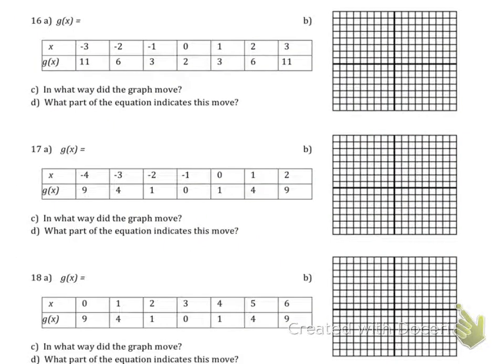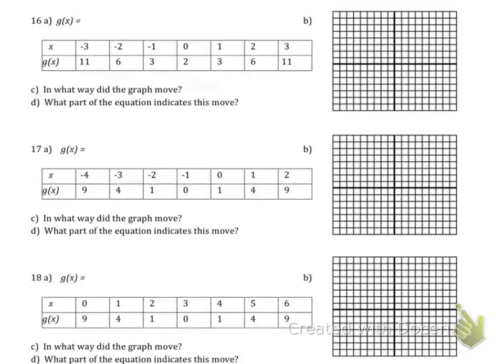For the go portion, things get a little bit more complex. We are supposed to plot each of these points and try to figure out what's happening here. So for number 16, we can go ahead and plot the points.